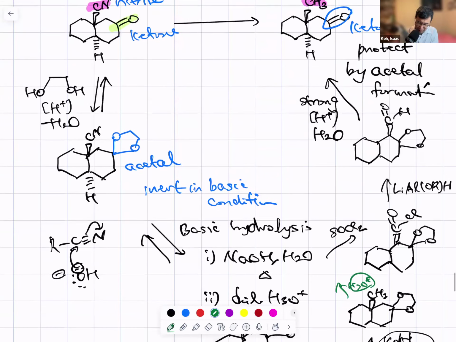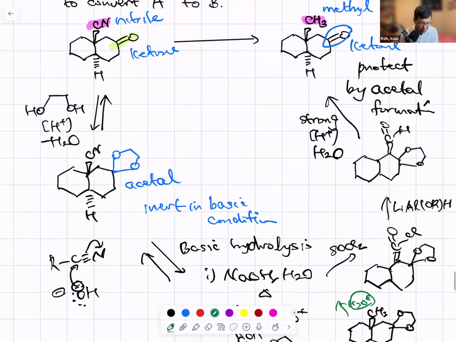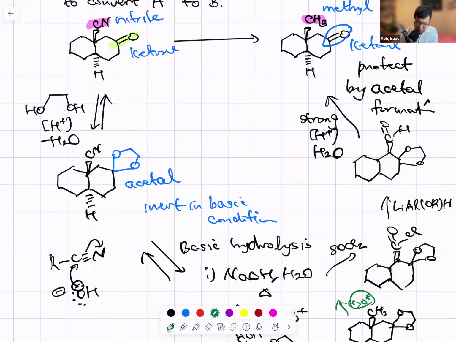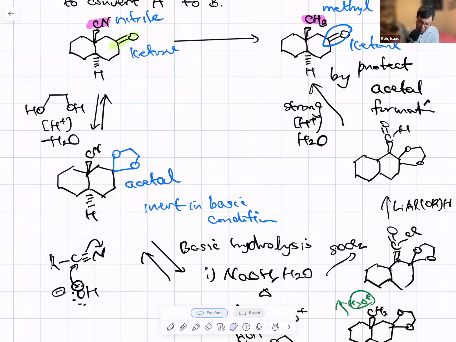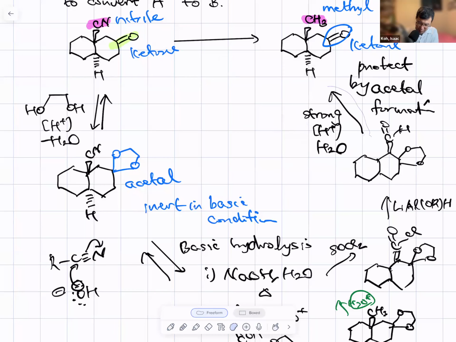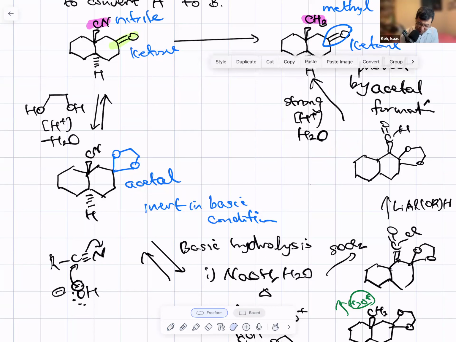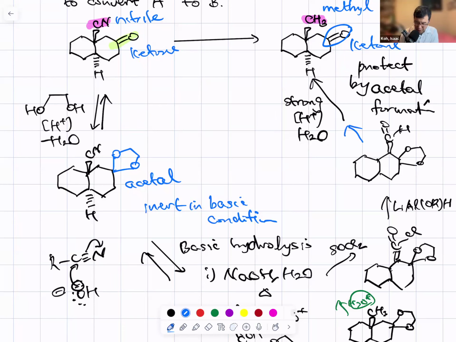And then, so with this method, I just found out I have to add one more step. I need to have the Wolff-Kishner reduction too, because I need to take this aldehyde off.